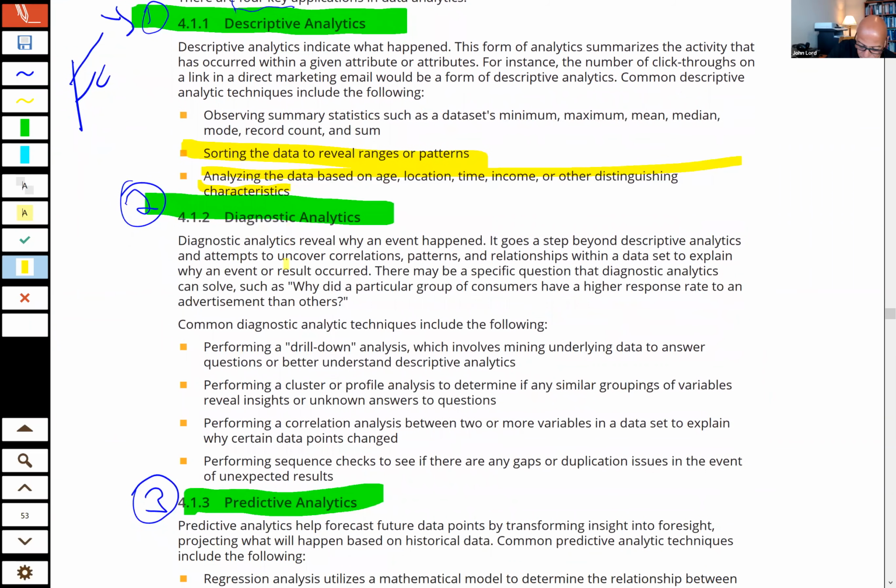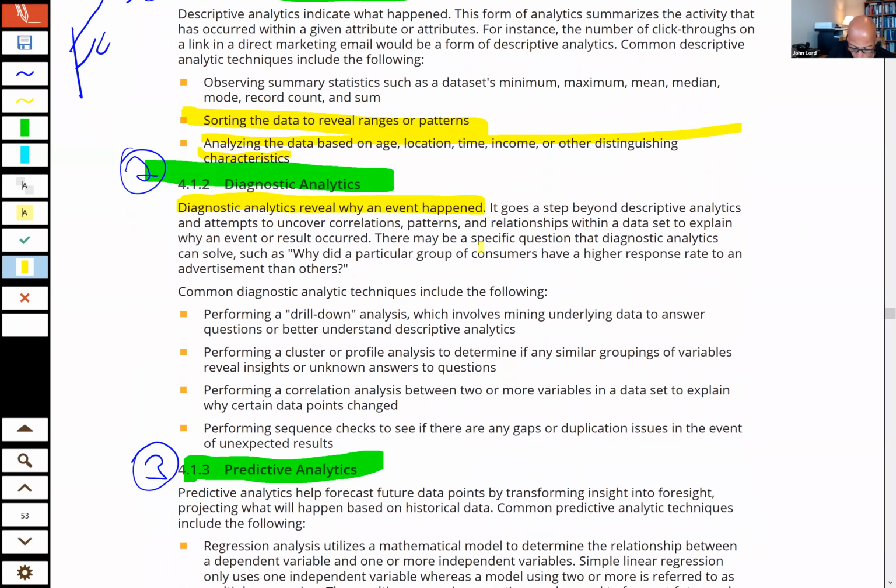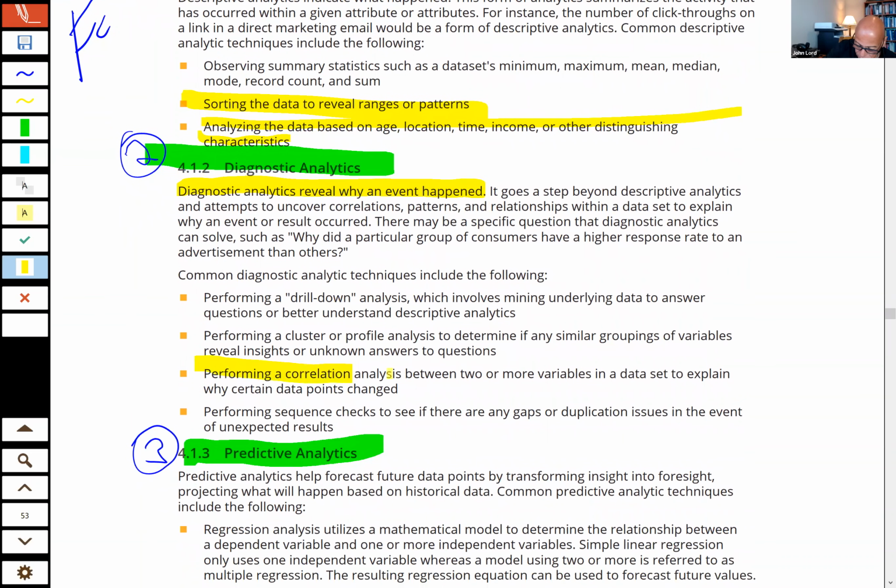Diagnostic analytics tell us why something happened, for example, performing a correlation analysis between 2 or more variables in a set to explain why the data points changed. So, when X changed, Y changed. That's the reason, that's the diagnosis, right?